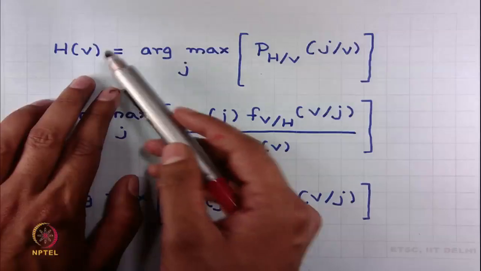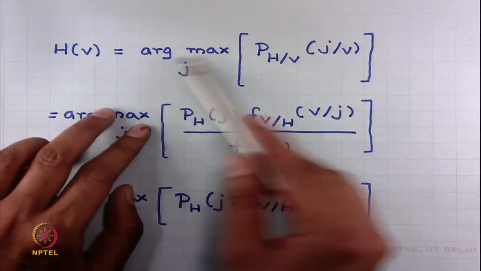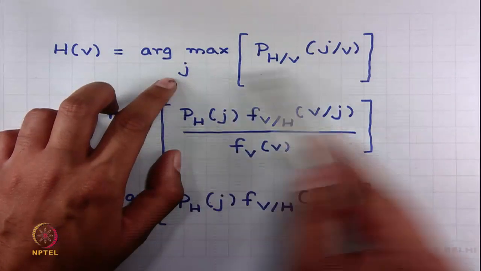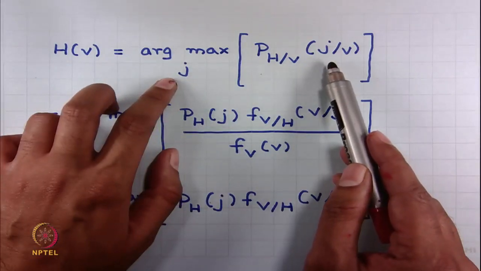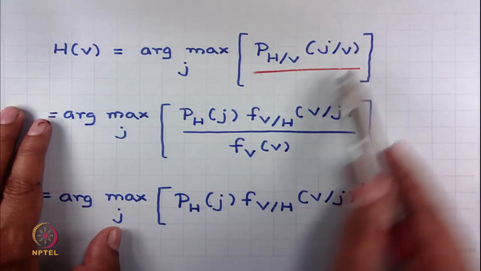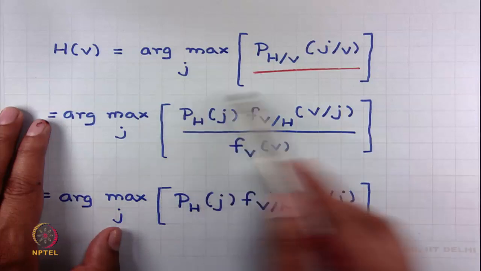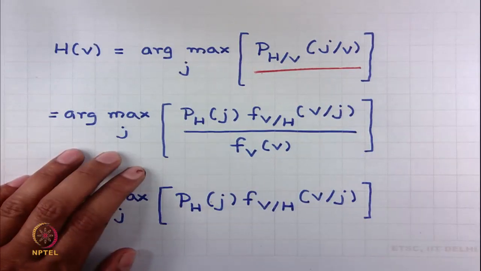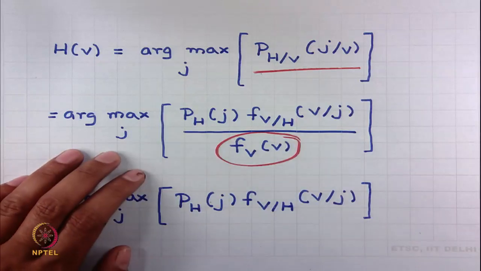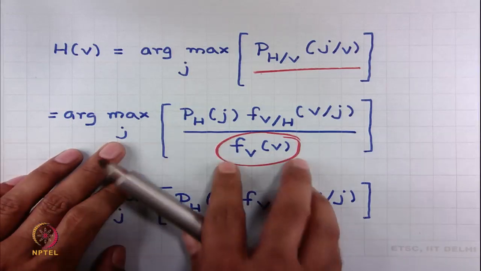If I look at the MAP rule, it says that I am trying to find out the argument j for which this a posteriori probability is maximum. We have seen that this a posteriori probability can be arranged in this way. Now, this probability density function of random variable V does not depend upon j, it is independent of j.